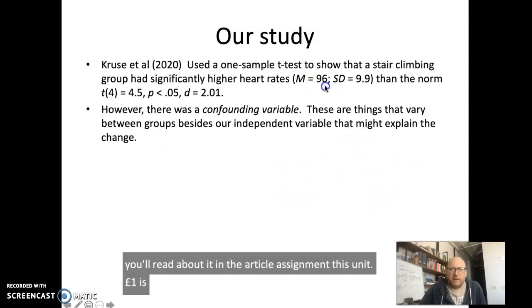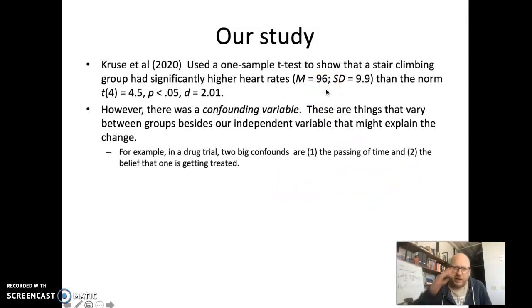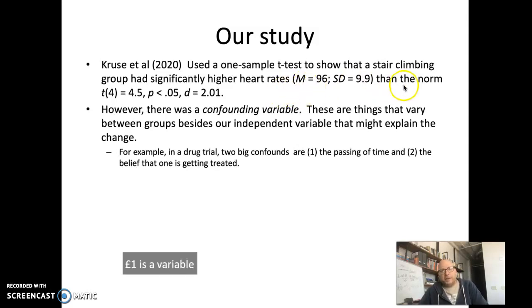That's kind of abstract, so let me show you this one. Like in a drug trial, when we test drugs for FDA approval and things like that, there are two big confounds, which means that the people who take medicine both have the passing of time and the belief that one is getting treated.